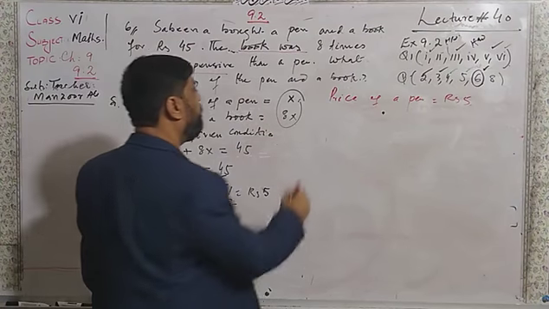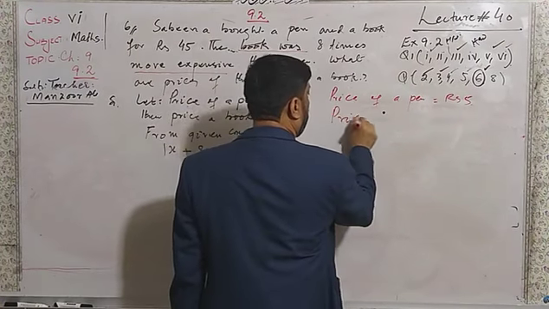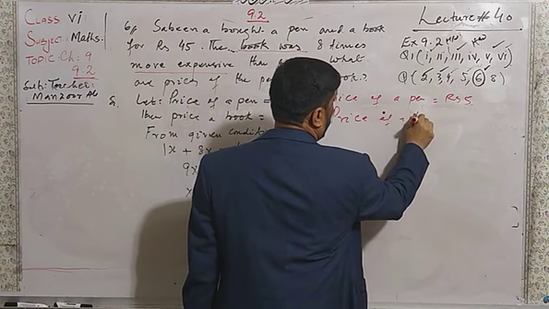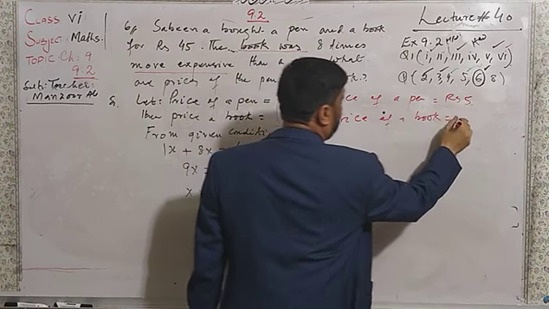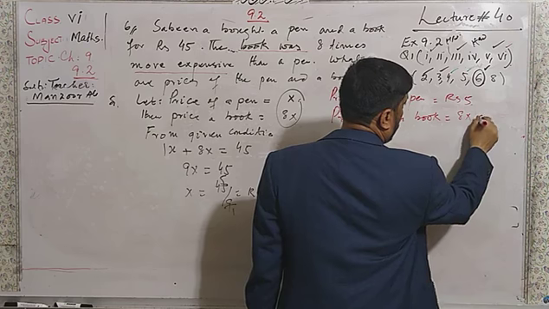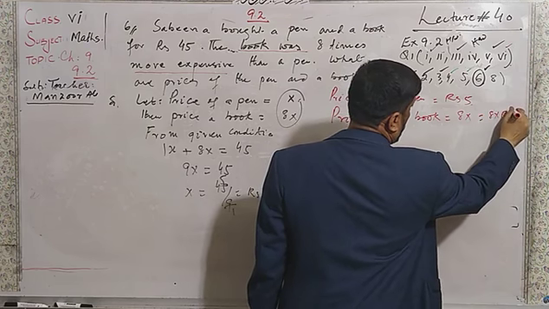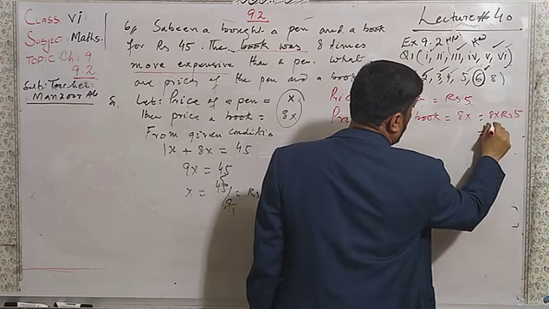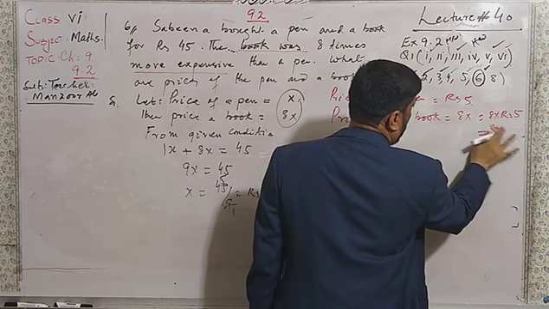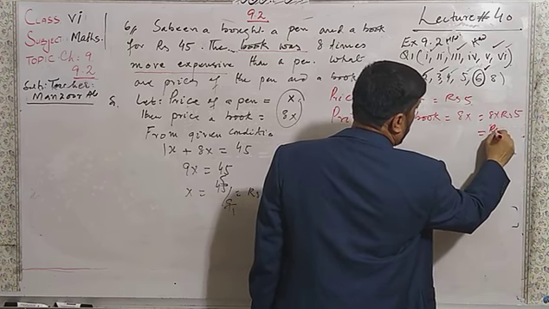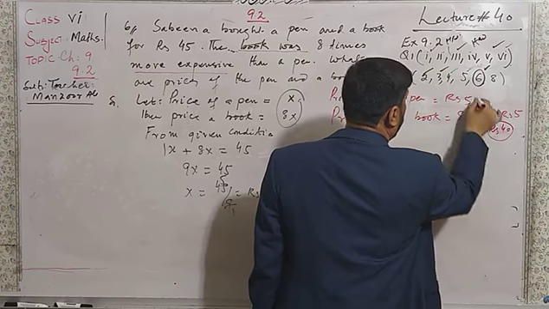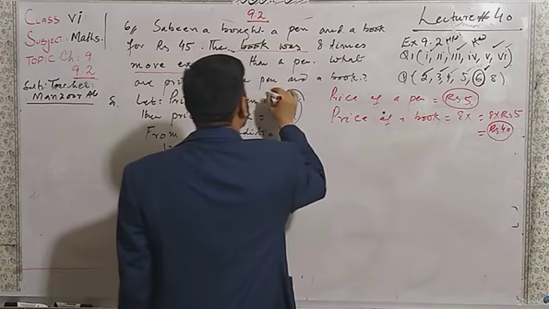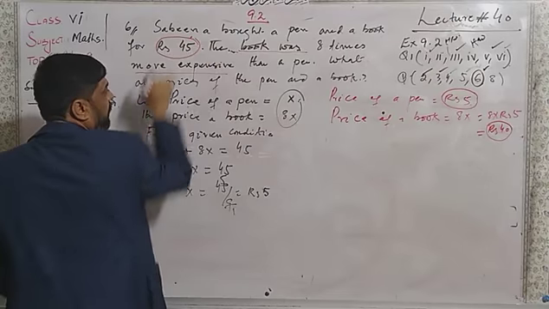Then the price of a book is equal to 8x, which is 8 multiplied by 5, equal to rupees 40. Now you know that 40 plus 5 becomes equal to 45.